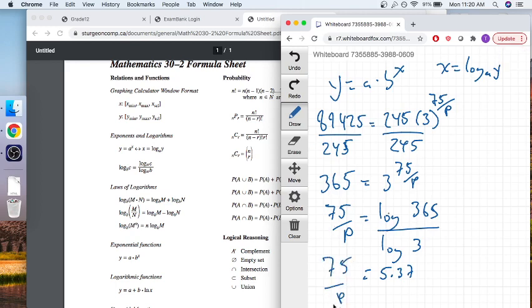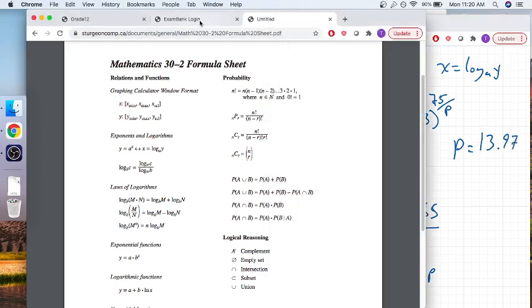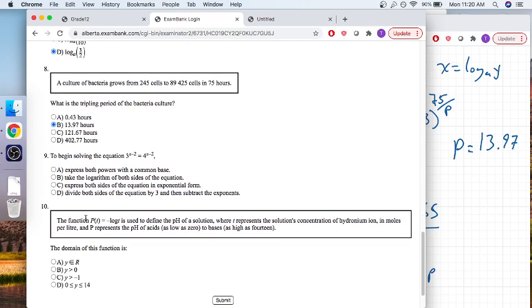Then multiply by p and divide by 5.37, and p is going to equal 75 divided by our answer. It's going to be 13.97, let's say. Okay, and that's our answer right there.